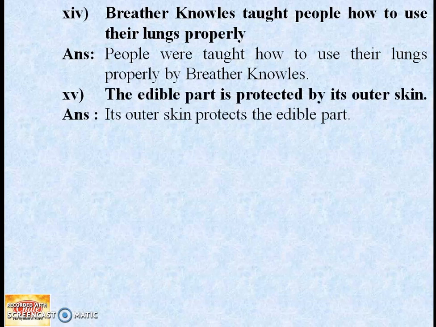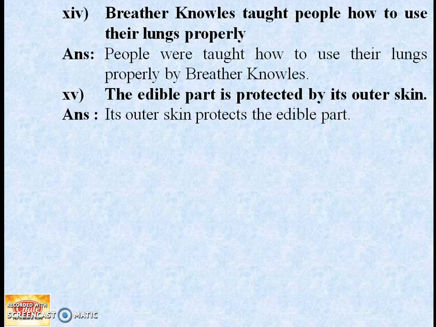Breather Noels. Breather means who is expert in breathing. Breather is working here as an adjective noun. Breather Noels taught people how to use their lungs properly. Breather Noels taught. What did Breather Noels teach people? How to use their lungs properly.